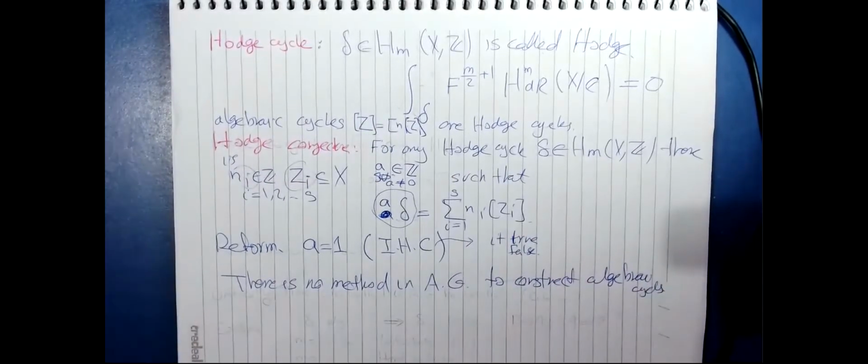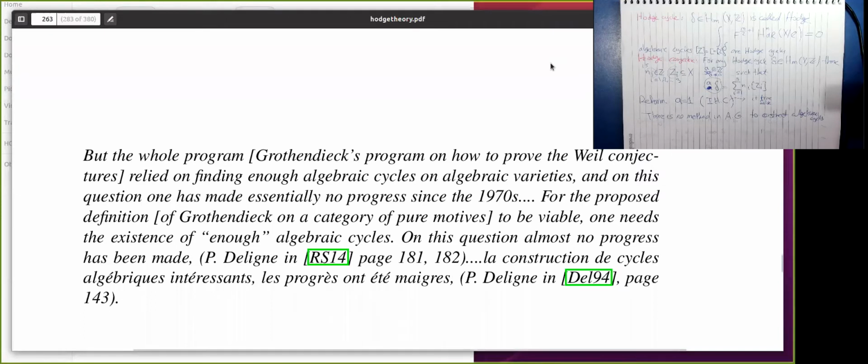And I want to show three statements from Pierre Deligne regarding this. Here you see statements from Pierre Deligne, who is complaining about the lack of our knowledge in constructing algebraic cycles. And as you see, it has to do with motives and so on, that we are not going to discuss in this talk.